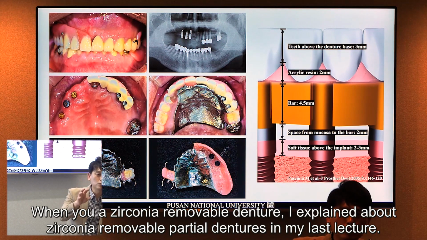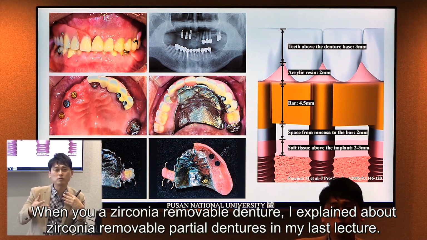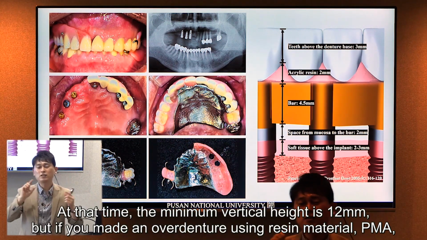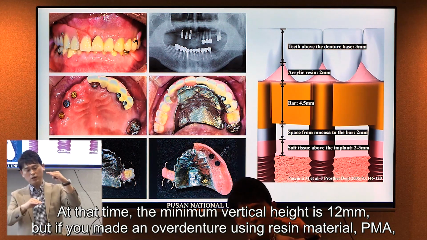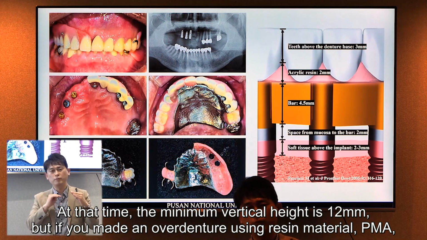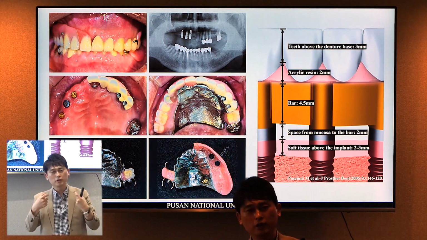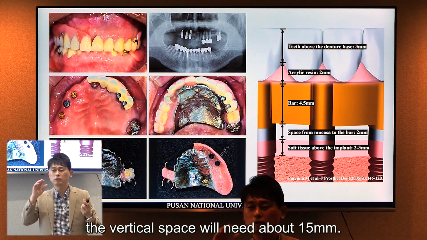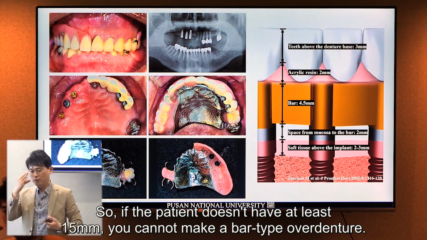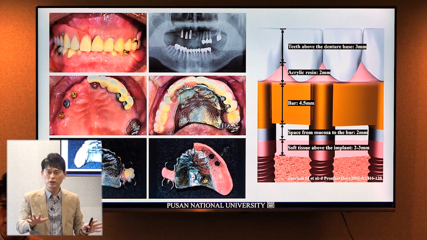When you use the zirconia removable denture, I explained that the minimum vertical height is 12. But if you make the overdenture using resin material, PMMA material, the vertical space will need about 15 millimeters. So if the patient doesn't have over 15 millimeters, you cannot make the bar type overdenture. Okay?